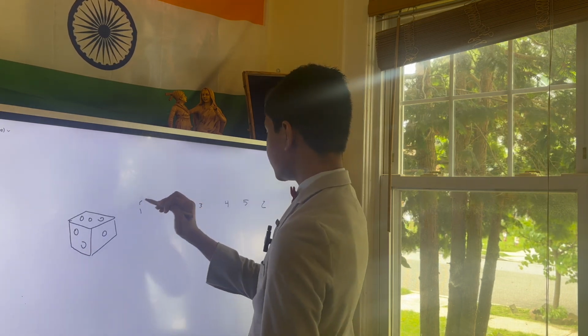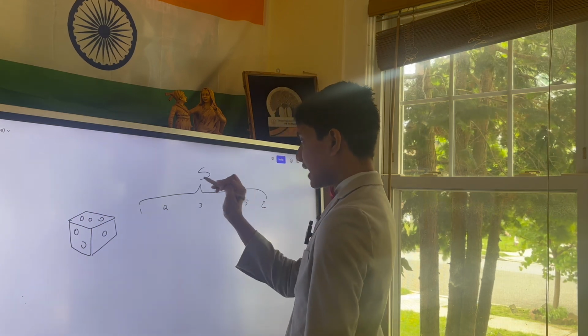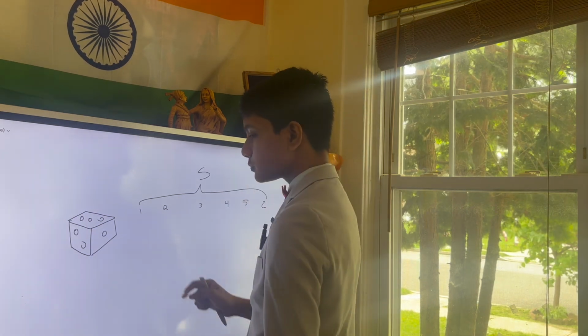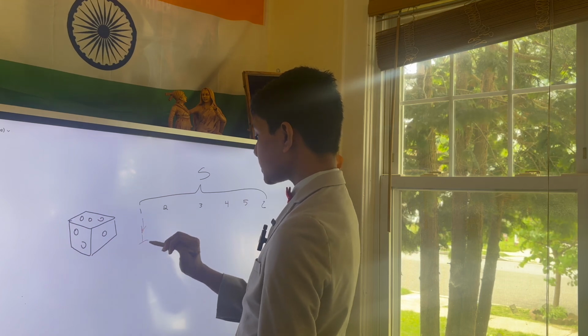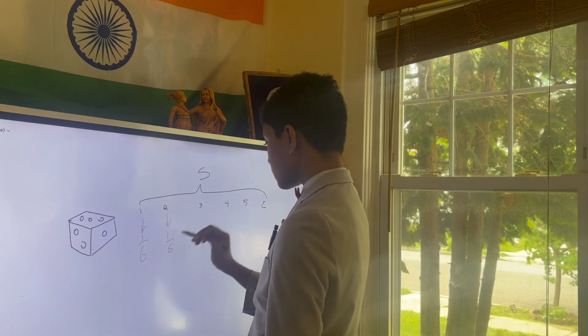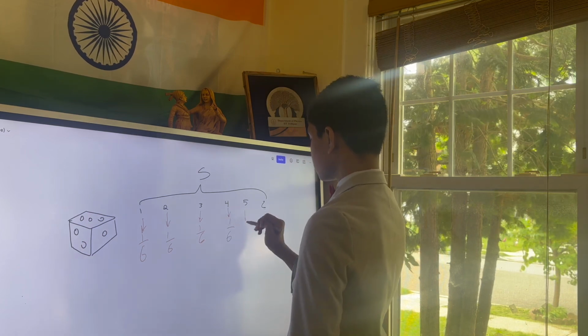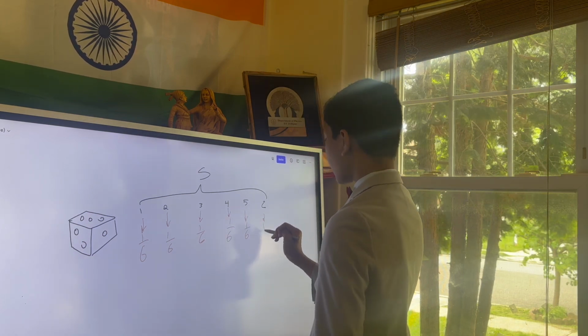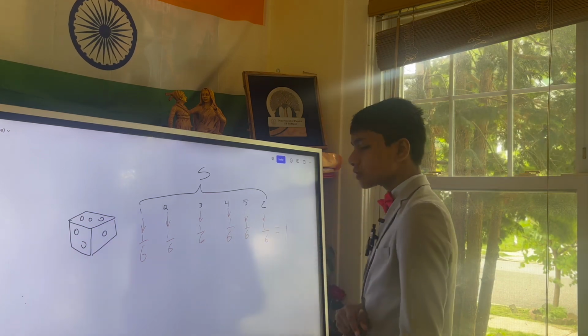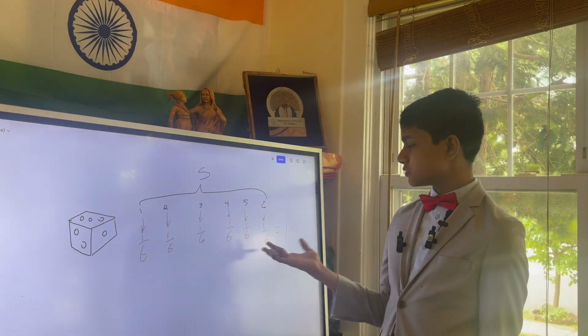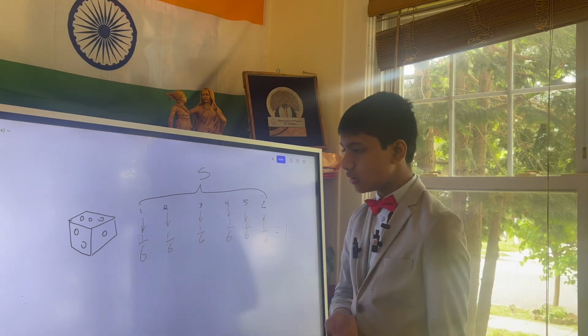All of these are in the sample space, S, and each of them is prescribed a 1/6 probability. Notice how the sum of all the probabilities over the sample space is 1/6 times 6, which is 1.